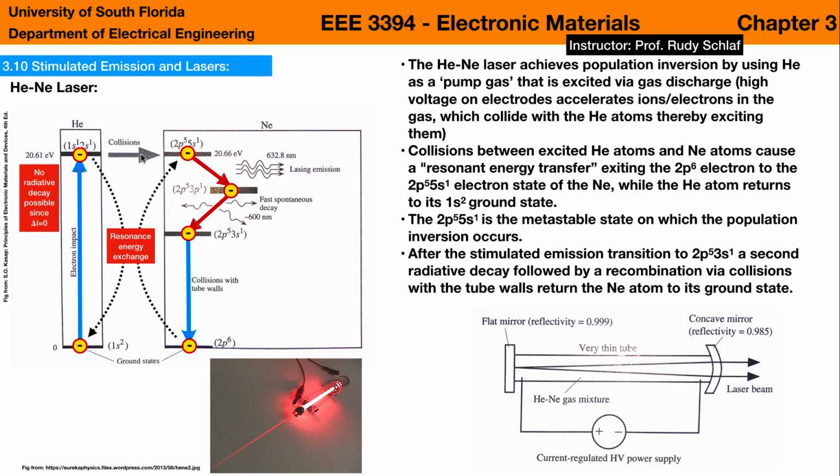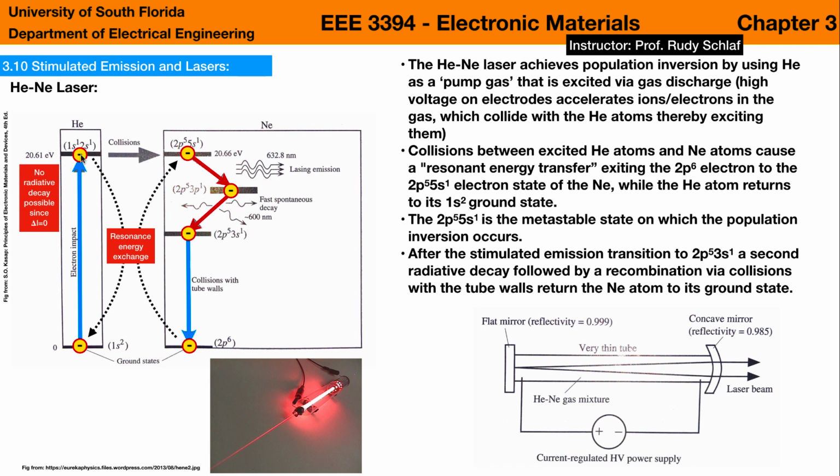And what happens is that it collides with a neon atom, and this neon atom happens to have an excited state, it's 2p5 5s1, which has nearly the same energy difference relative to the ground state. And because of this, a resonance energy exchange can happen.